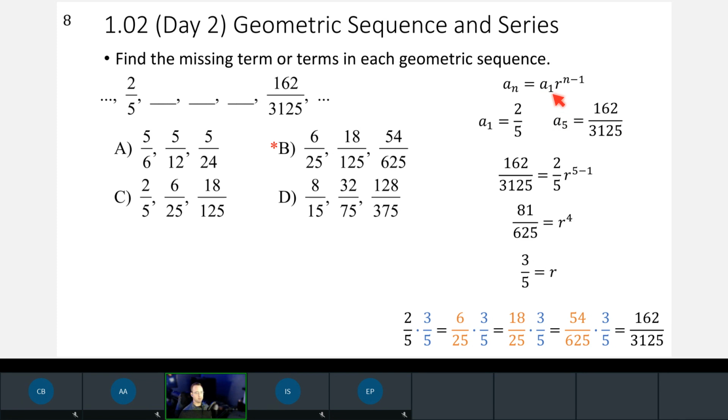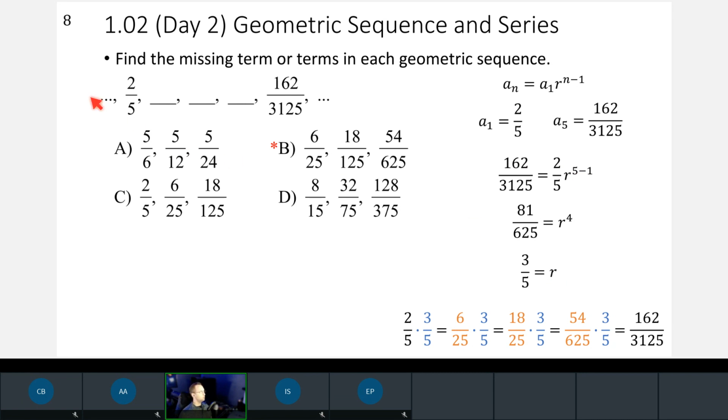So instead of n equals 1, which is here, we're going to make A sub 5 this value right here. A sub 5 is here. A sub 1 is this value here. N is 5. You just plug it all in, do the math, and we find a common ratio.